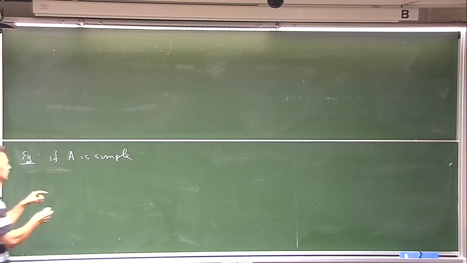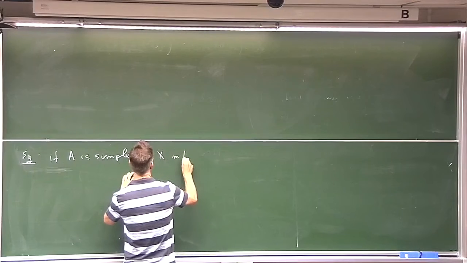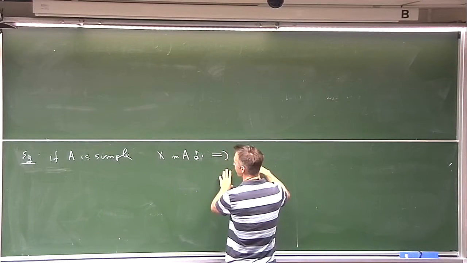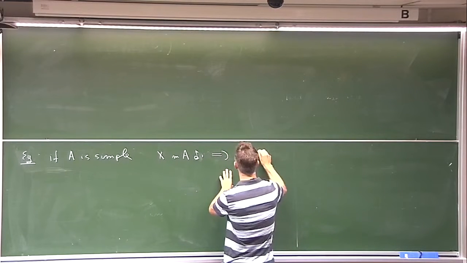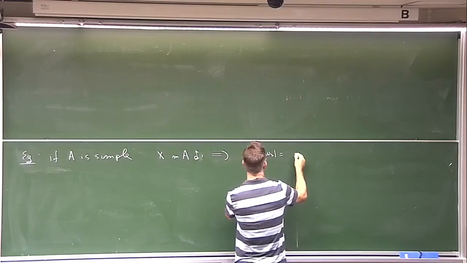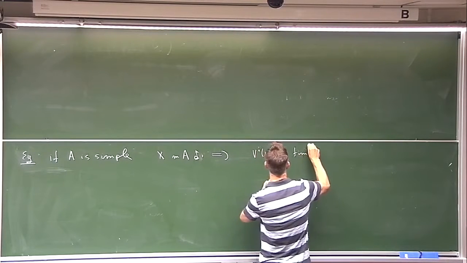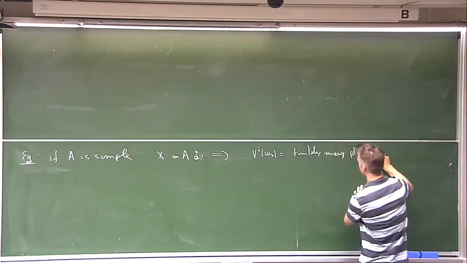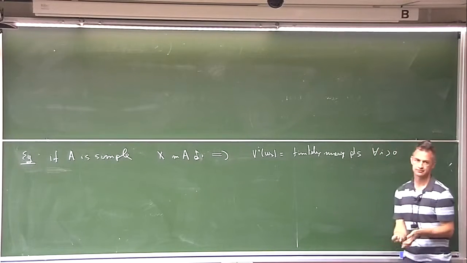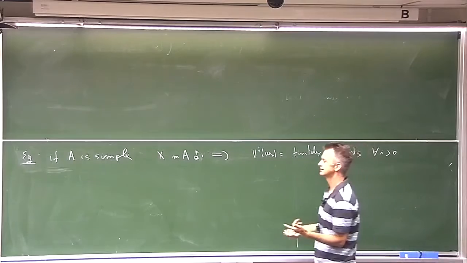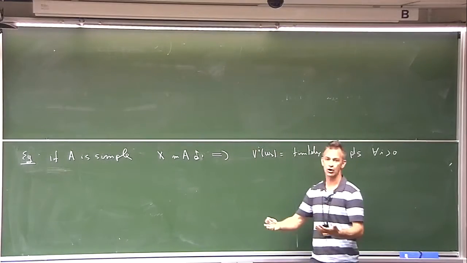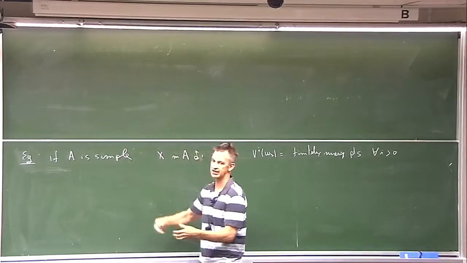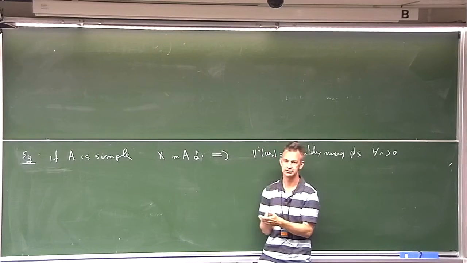So if A is simple and X is of maximal Albanese dimension, then this immediately tells you that V^i of omega_X is equal to finitely many points, for any i greater than 0. Right? Because, why is that? Each component is a proper subtorus. It's proper because of this codimension condition, and the simple abelian variety has no proper subtori, so they all have to be points.